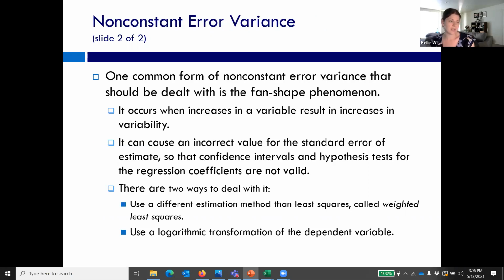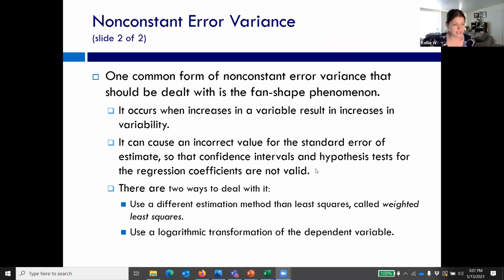We can see that when we look at that fan shape in the scatter plot, where everything was nicely scattered about our regression line with small values of X, and then the larger X got, the more the error increased. That type of fan shape is one indication that we have a violation.